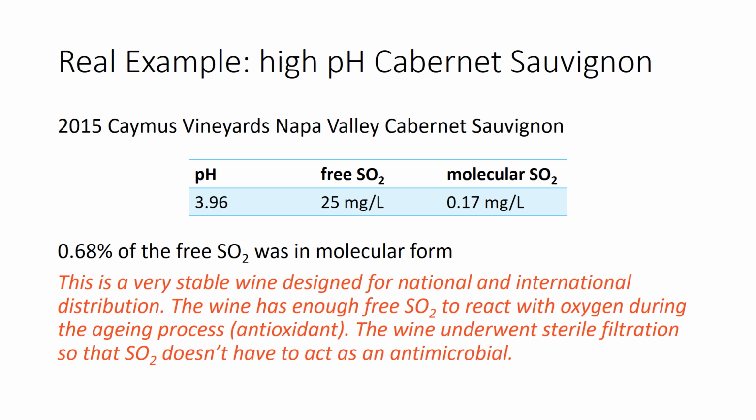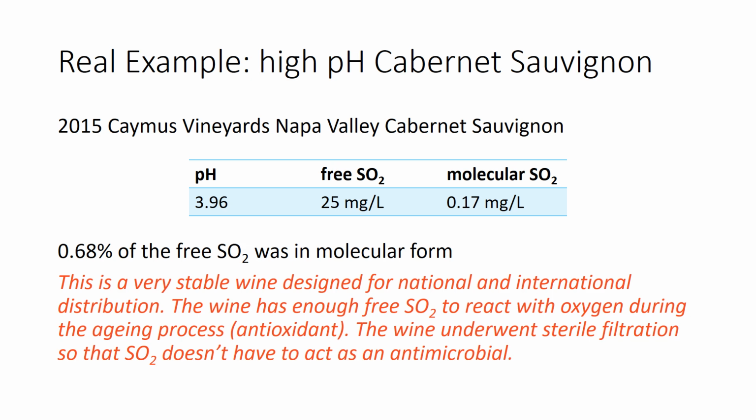This wine underwent a sterile filtration. So this SO2 that's here in the wine doesn't have the burden of being an antimicrobial compound. All it has to do is act as an antioxidant over time. So this molecular level is low, but this wine is still stable.